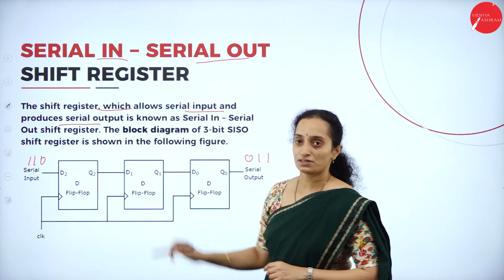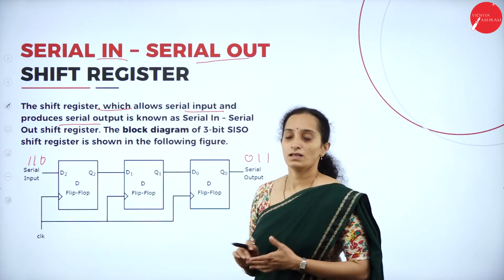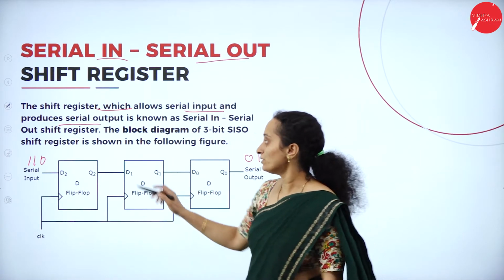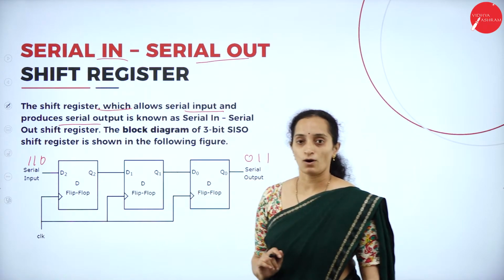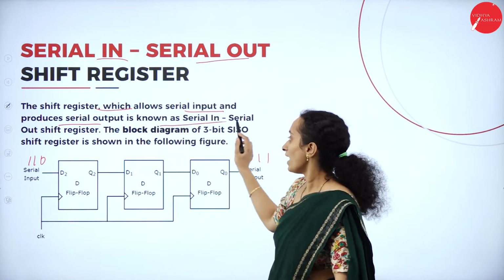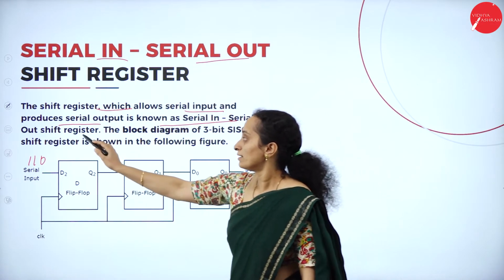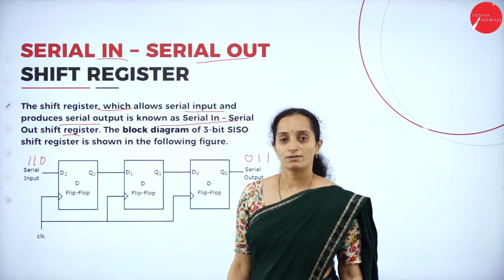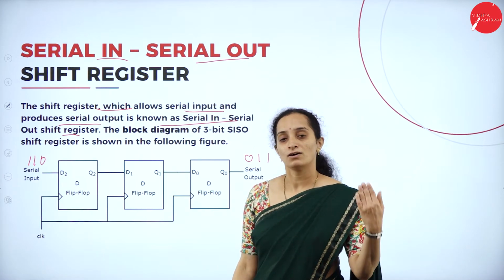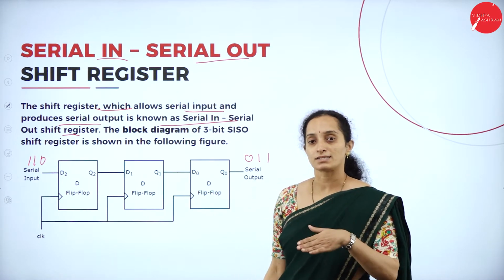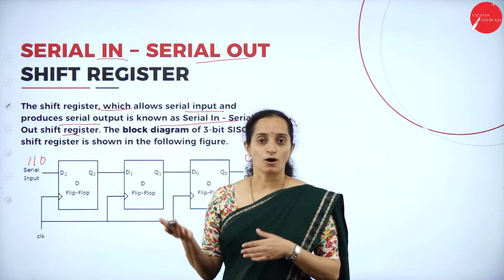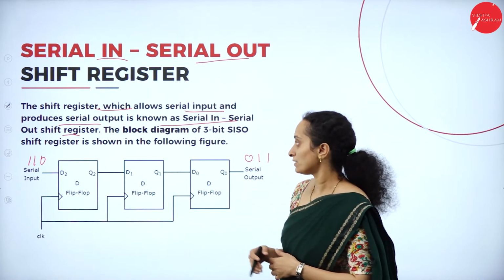The shift register which allows serial input and produces serial output is known as the serial in, serial out shift register. In the same manner in which it is inputted into the register, the output will be taken from the register.